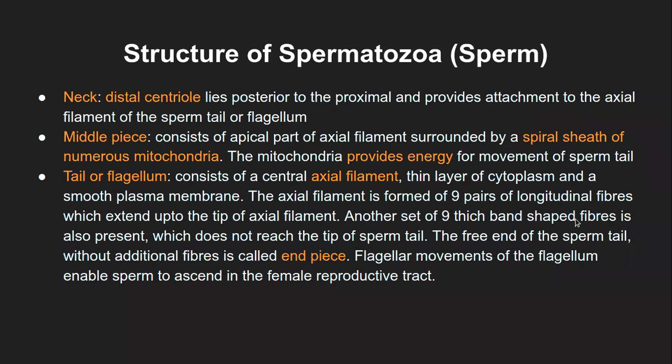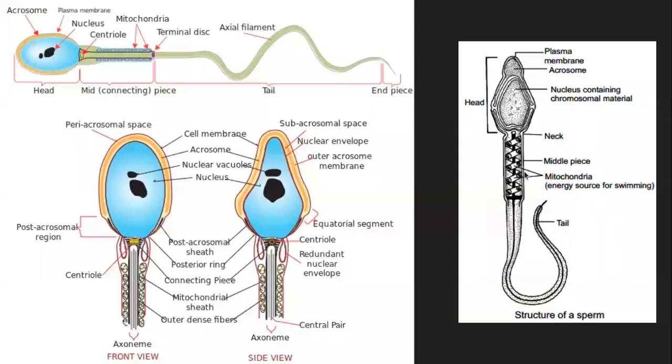Band shaped is nothing but, you all know how a hairband looks, right? A ring-like structure, something similar. There are 9 such arranged just below the middle piece portion, and that is how the tail would go from thicker to thinner region.